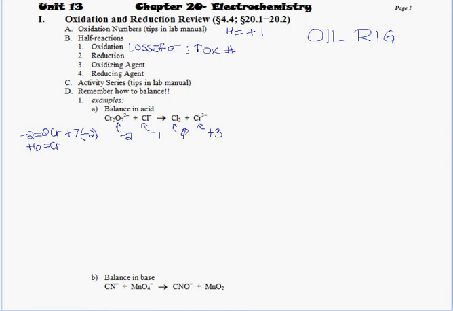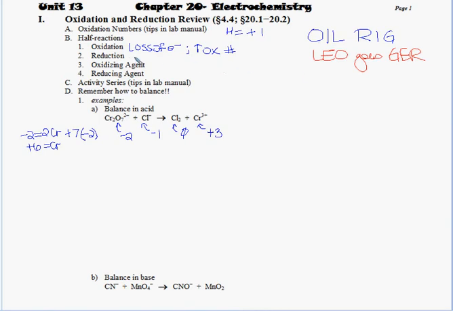Or you can use the other one, which is just as good, LEO, meaning a lion, goes GER, and that would be loss of electrons is oxidation, gain of electrons is reduction.